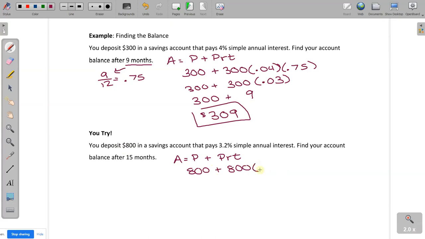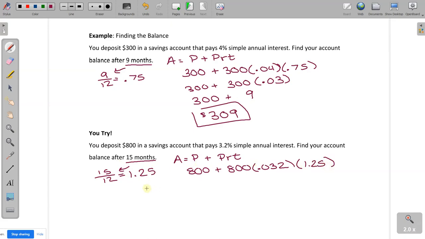Our rate is 3.2%, change to a decimal is 0.032. And then we have a 15-month time period. So we're going to take 15 and divide it by 12. And 15 divided by 12 gives us 1.25 years. So we're going to multiply 1.25.